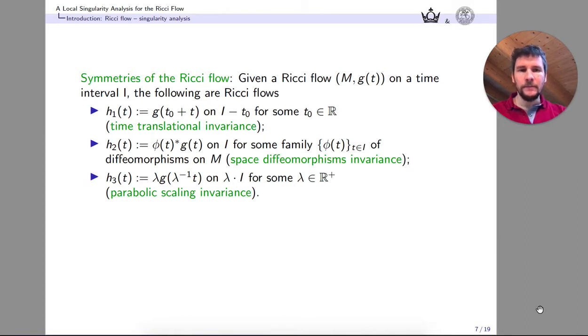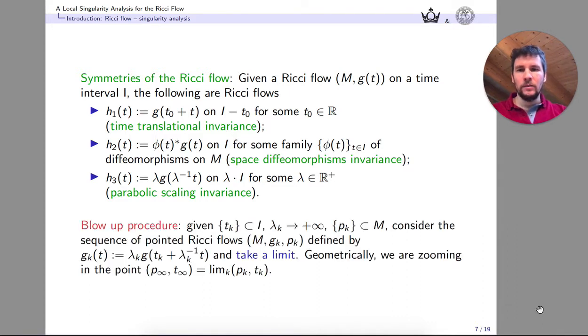Okay? And we use this third symmetry to produce so-called blow-ups of Ricci flows. So if you have a sequence of times and a sequence of parameters lambda that goes to infinity, and we have some points in M, then we can define the sequence of pointed rescaled Ricci flows where the metric is rescaled exactly using this parabolic scaling invariance and also some translational invariance.